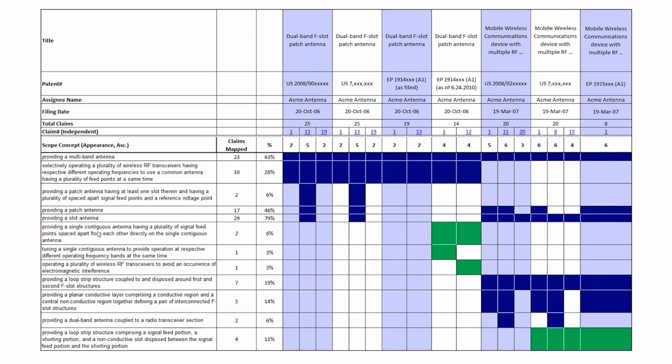And for claim 12, providing the single contiguous antenna and then operating a plurality of wireless RF transceivers was added to get those into what I believe is an allowable form. Exactly, and also it's incredibly more narrow than what was allowed in the U.S. If you look at all those additional limitations that they were forced to put in, this is where the gold and the magic starts occurring in claim amendment analysis.